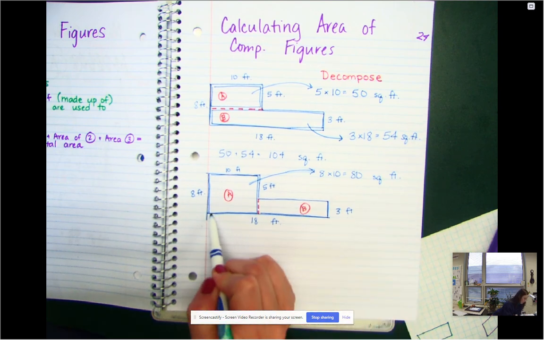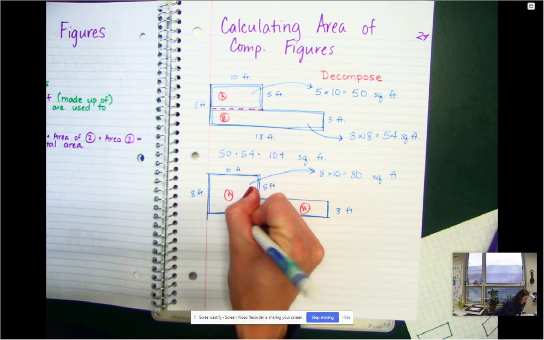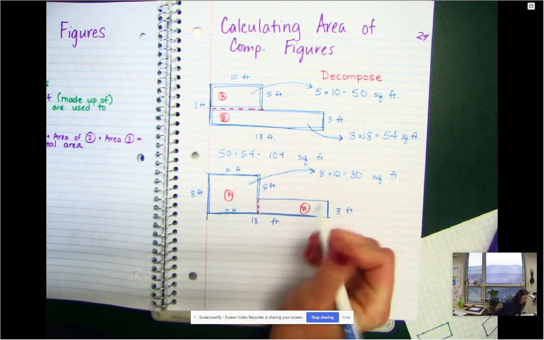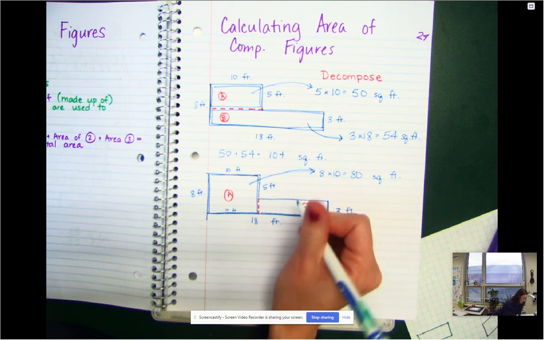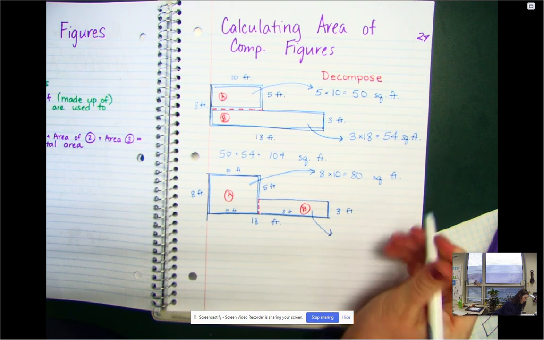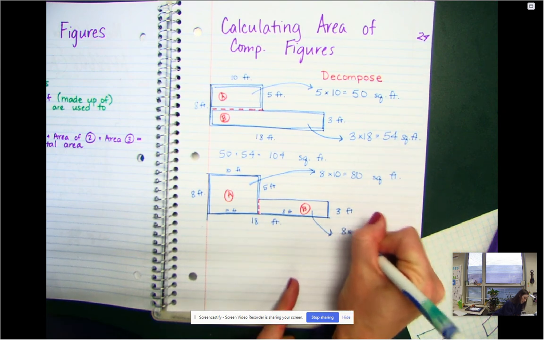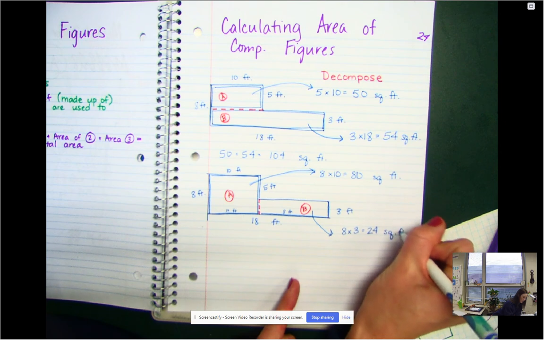So if this whole side is 18 feet and this much of it is 10 feet, which I know from up here, then this must be 18 feet minus 10 feet. This piece must be 8 feet. So this is going to be 8 by 3, which is 24 square feet.